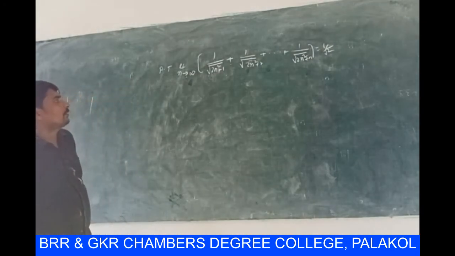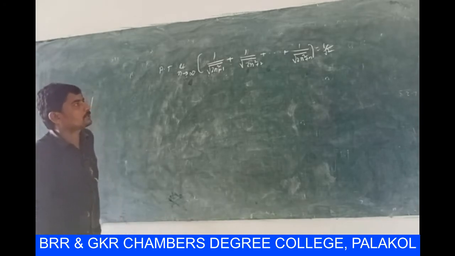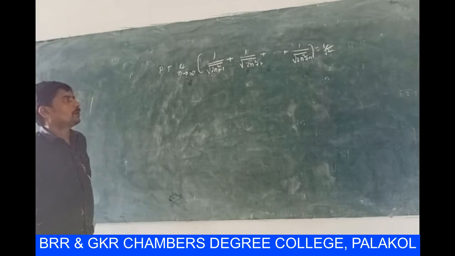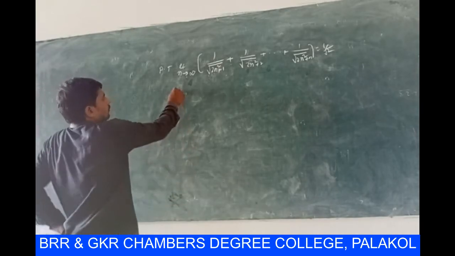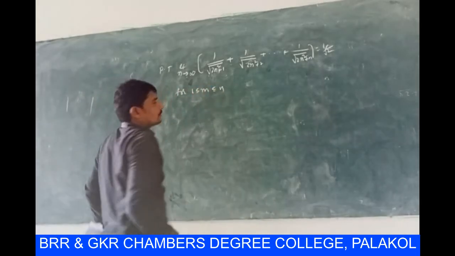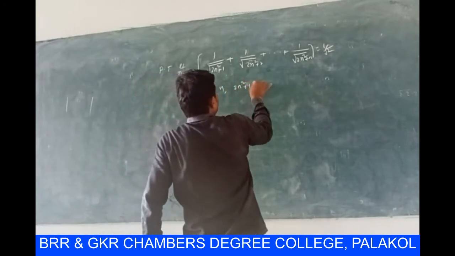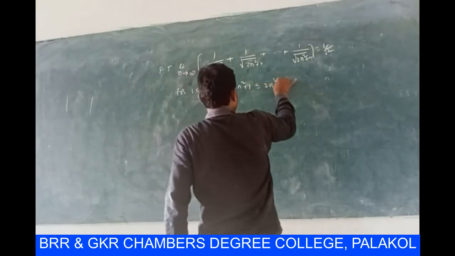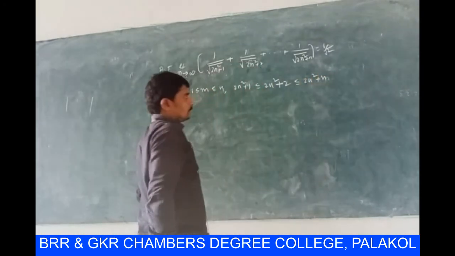Limit n tends to infinity 1 by root of 2n square plus 1 plus 1 by root of 2n square plus 2 plus and so on 1 by root of 2n square plus n. We show that the value is equal to 1 by root 2 for 1 less than or equal to m less than or equal to n. Consider 2n square plus 1 is less than or equal to 2n square plus 2 less than or equal to 2n square plus n.